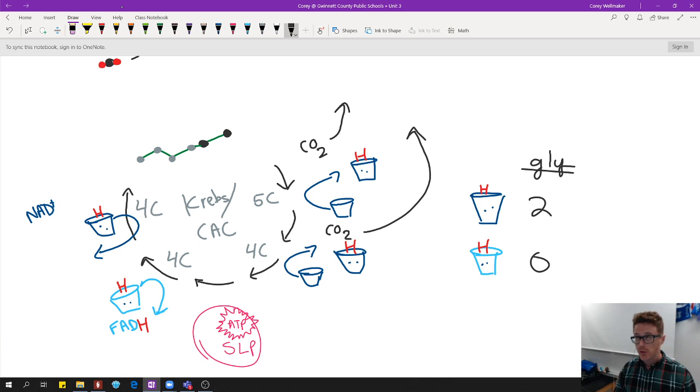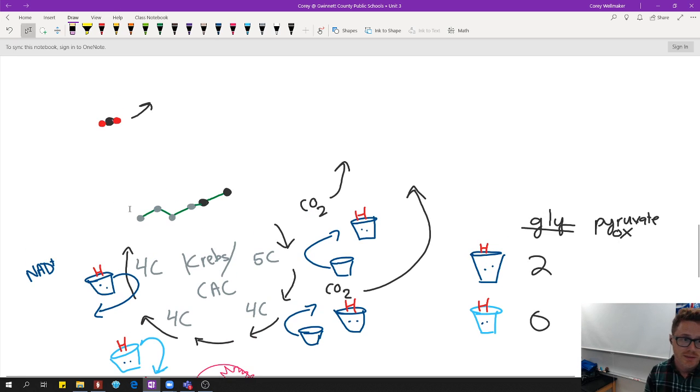After glycolysis, you have pyruvate, and pyruvate goes into the matrix and goes through pyruvate oxidation. It's basically preparing for entry into the citric acid cycle.